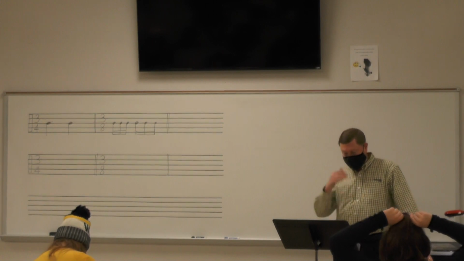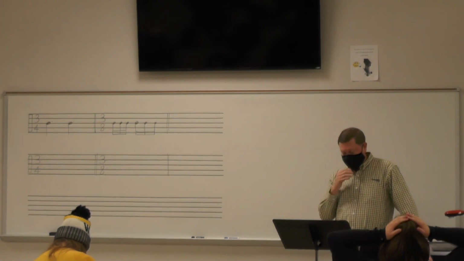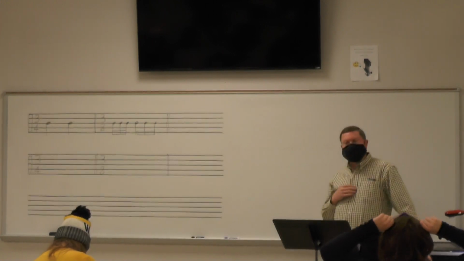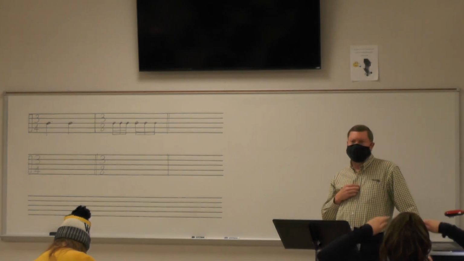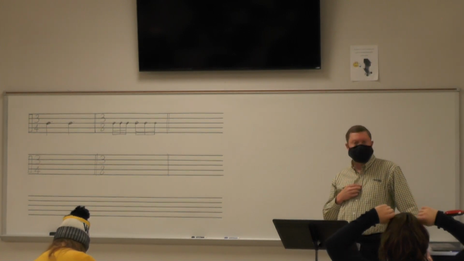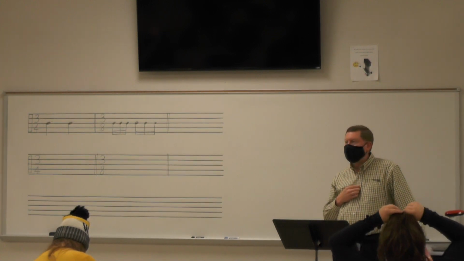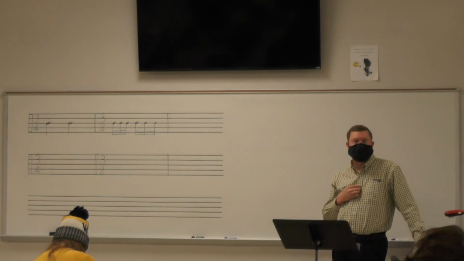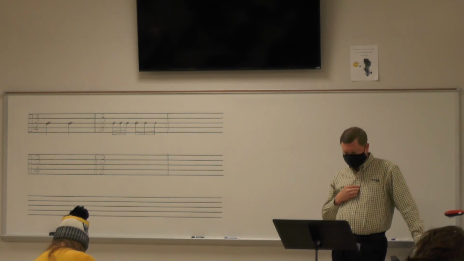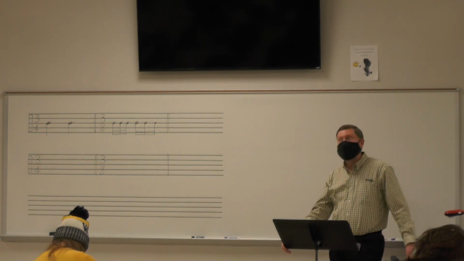So I would say compound duple. And by the way, right now we're just dealing with either the quarter note as the beat or the dotted quarter note as the beat for the majority of these examples. So compound triple would be 9/8, compound quadruple would be 12/8, things like that. Okay, so there's that one.